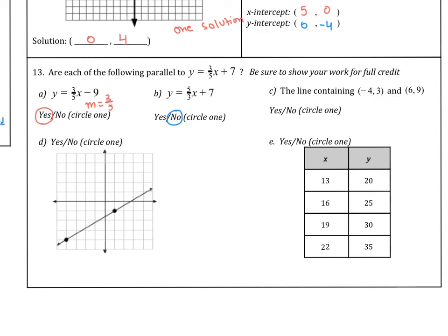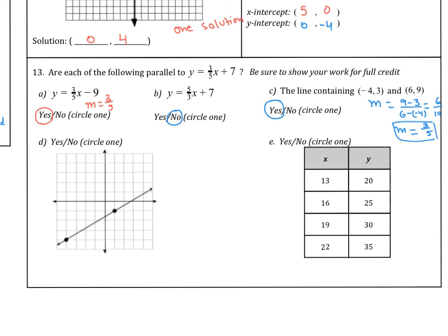So to find the slope, you're going to use the formula, and that's 6 divided by 10. When you reduce it, 3 over 5. So if the slope is the same as the given equation, then it's going to be yes, parallel to the given equation.